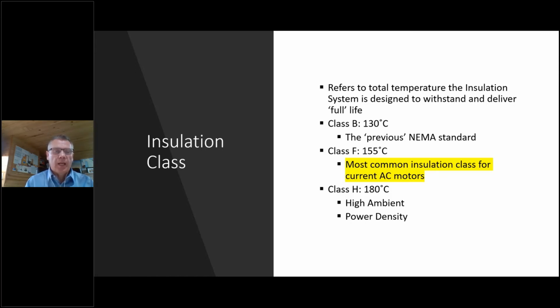The most common today is what we call class F insulation, and that means the insulation is good for 155 degree overall temperature. I'm going to show you in the next slide how these temperatures are arrived at. So you may hear from time to time class F or class H insulation.